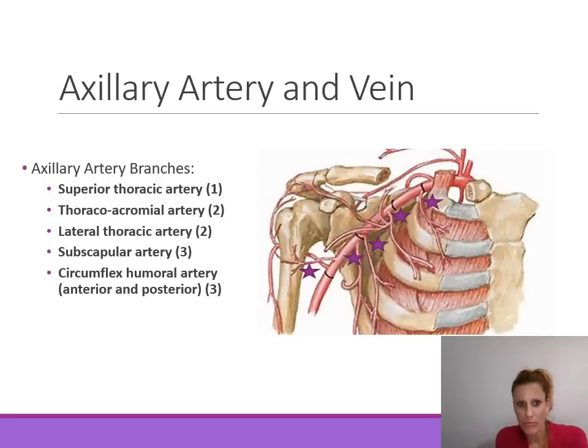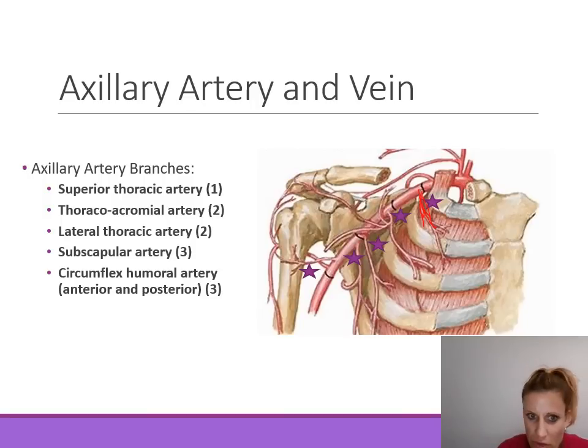These are the main branches of the axillary artery. The numbers that I have after them are telling you the segment of the axillary artery that it's coming from. So the superior thoracic artery comes from the first axillary segment, and you can see it right here. Superior thoracic artery.